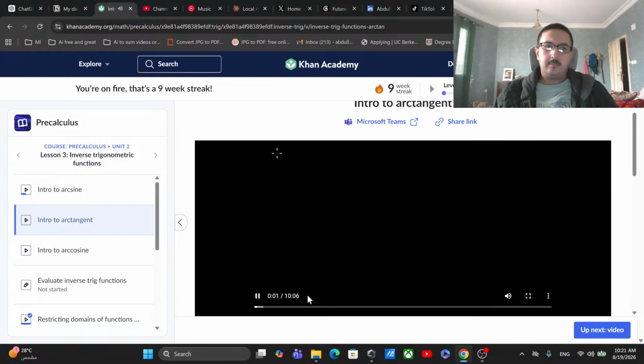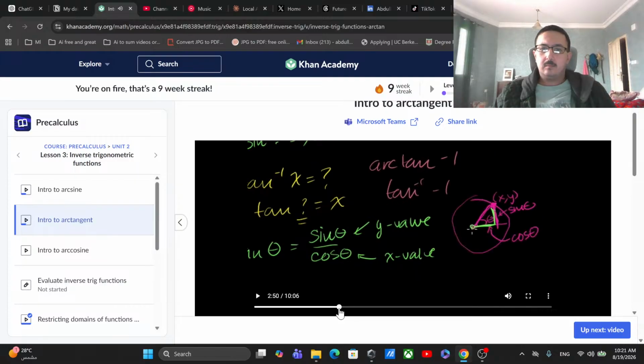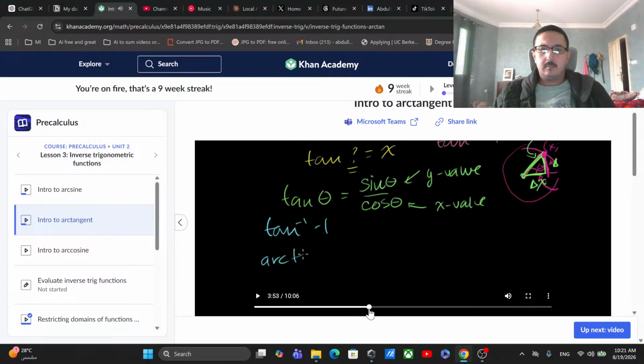In the last video I showed you that you're just saying the tangent of what, what angle, is equal to x. We did this in the last video. And the cosine of theta is the x value. And so if you draw a unit circle like that, the arc angle is this.